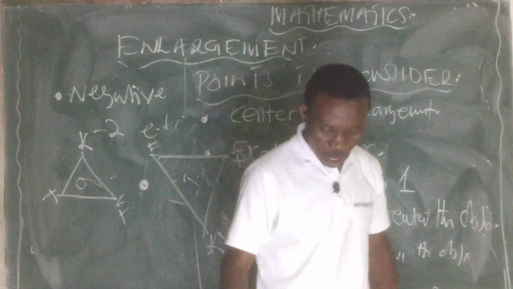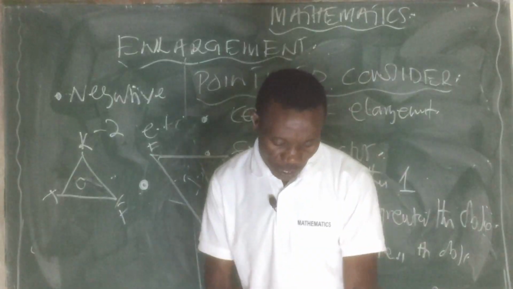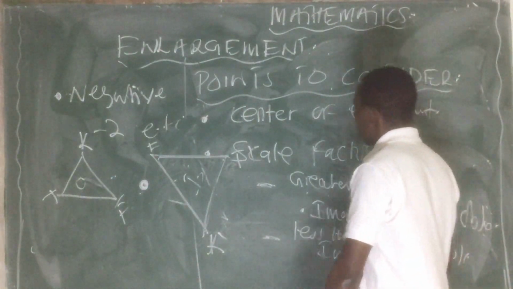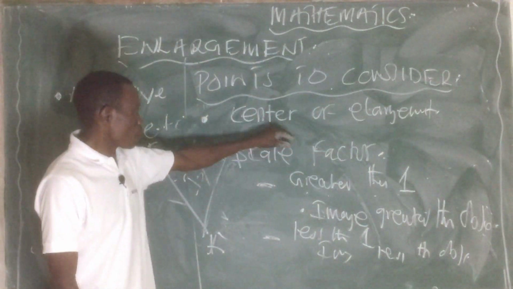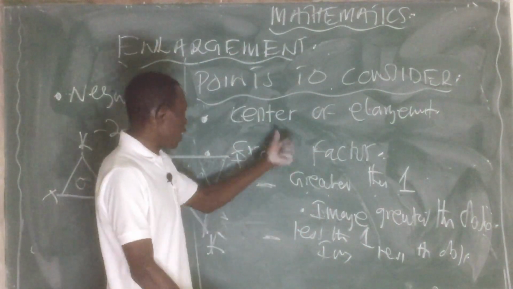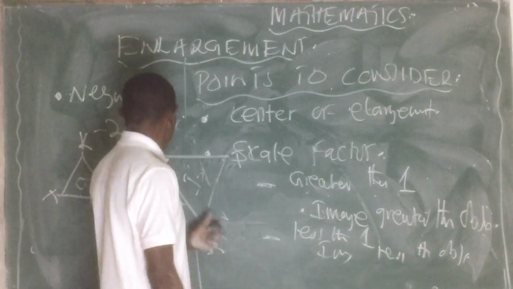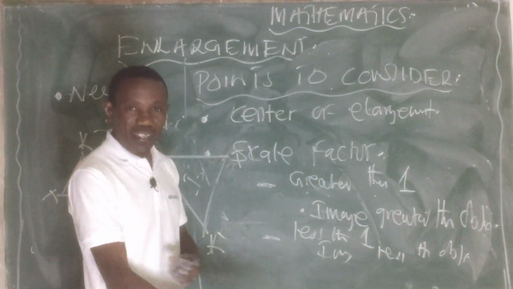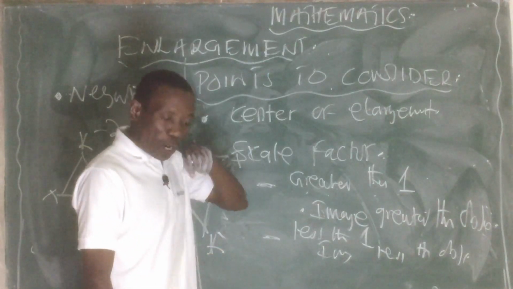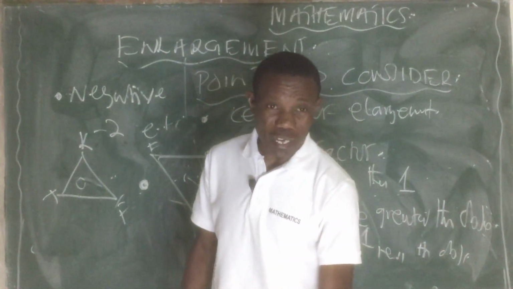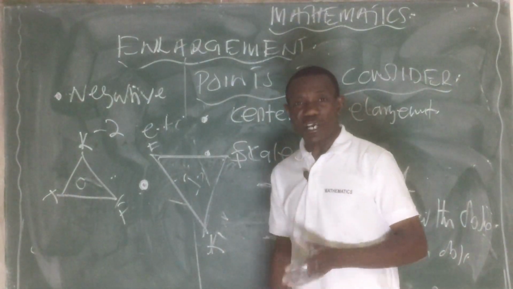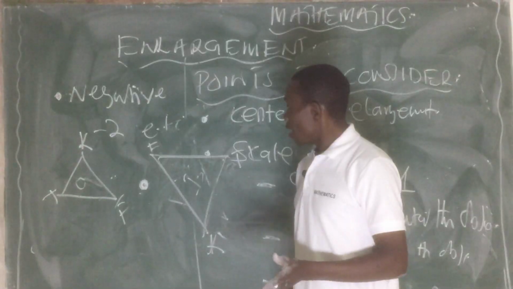So let's have the first example and try to understand exactly what this center of enlargement is that we're talking about and how we obtain it. Somebody may say it's in between, maybe it can be on the other side. So firstly, I'll give you a simple, direct example, where we're just going to enlarge a certain right angle triangle and see how it works.